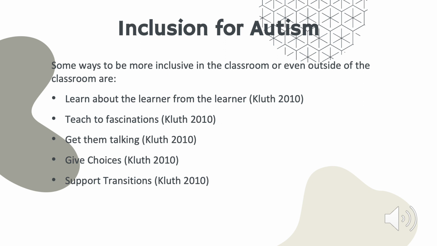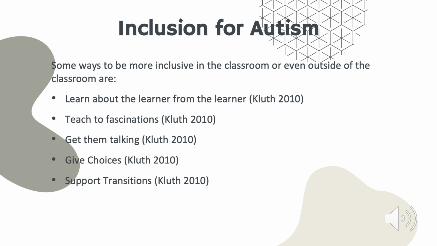Get them talking, which allows individuals the opportunity to gain more confidence by giving them more time to have a voice for themselves. The next one is support transitions, which helps individuals be less overwhelmed when switching from one thing to another, as they will be prepared when transitioning into something new.